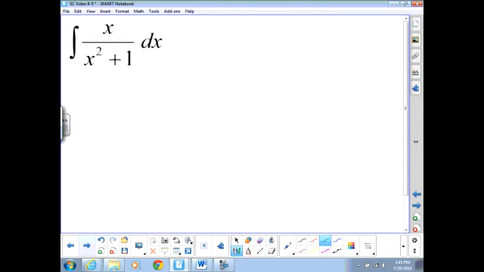And our last example for today, this one's a little tricky to recognize. Think of this as like x times 1 over x squared plus 1. We're going to let the x squared plus 1 equal u.